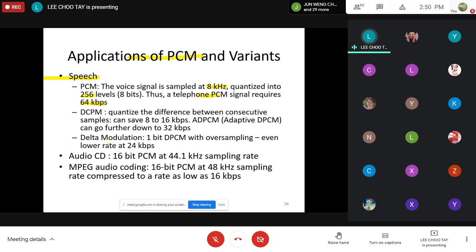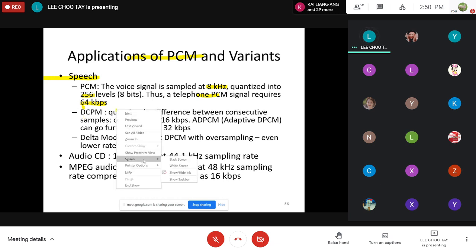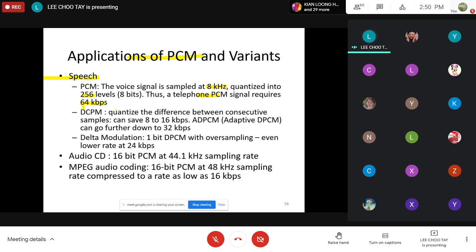What it says here is actually the various variants. There's a spelling error here. DPCM stands for differential PCM.